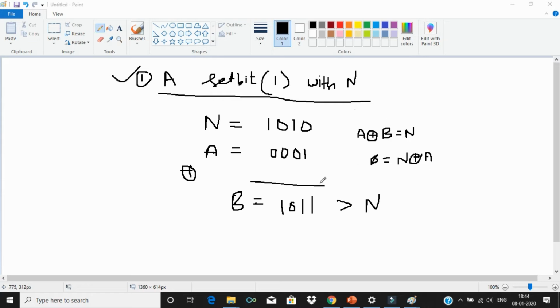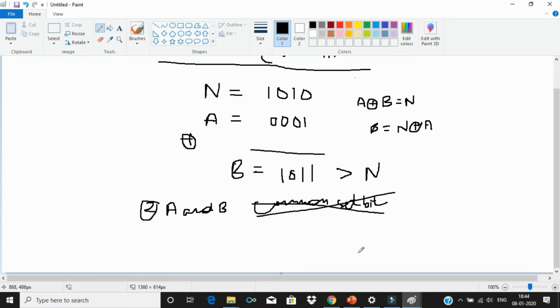After this, there is a second property of significance in this problem: capital A and B cannot have any common set bit. And why is this so? Let us take an example.